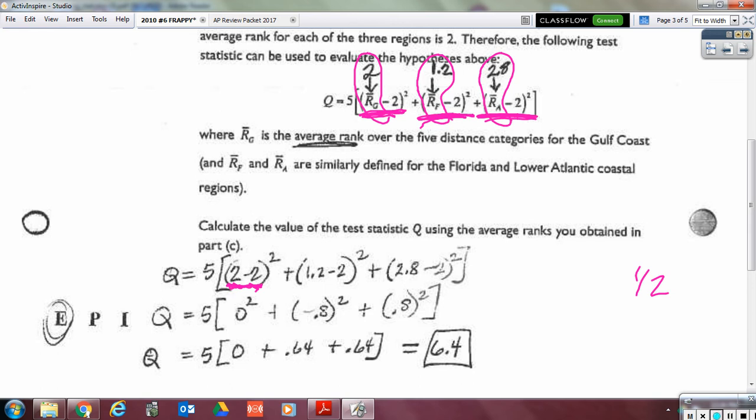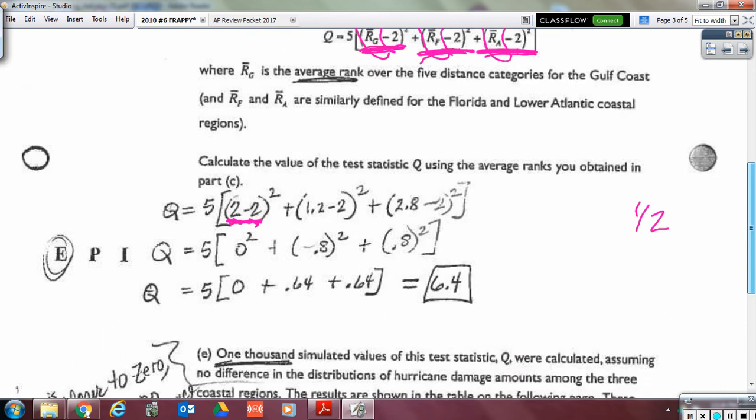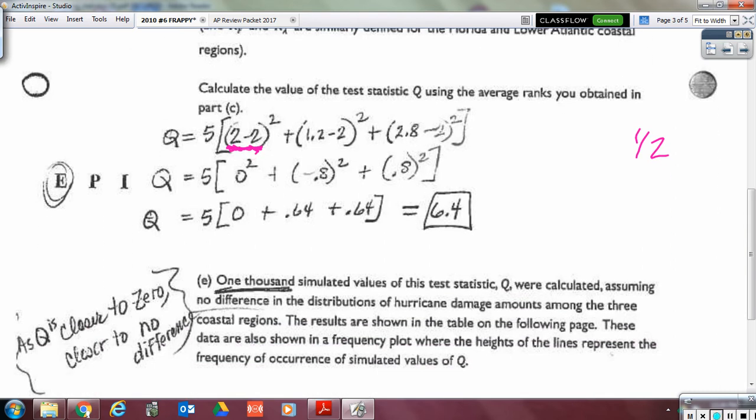So that's your differences, observed minus expected. Oh, beautiful. Thank you. Yeah, the 5 is because of those 5 categories of distances. Perfect. Okay, excellent. So here we got this Q score, which is the totality of the discrepancies amongst those 5 regions, and we get this 6.4.